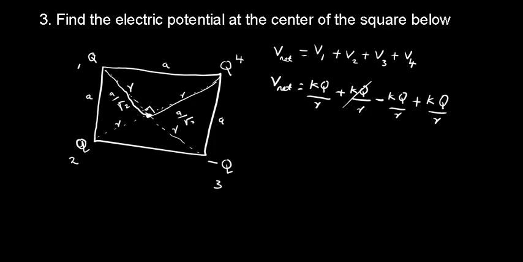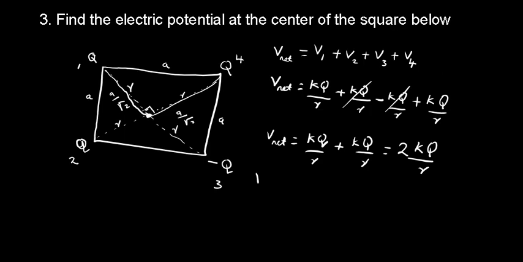So we are now left with V net, which will be equal to KQ over R plus KQ over R, which is equal to 2KQ over R. Now remember that our V net will now be equal to 2KQ over R. And what is our R?